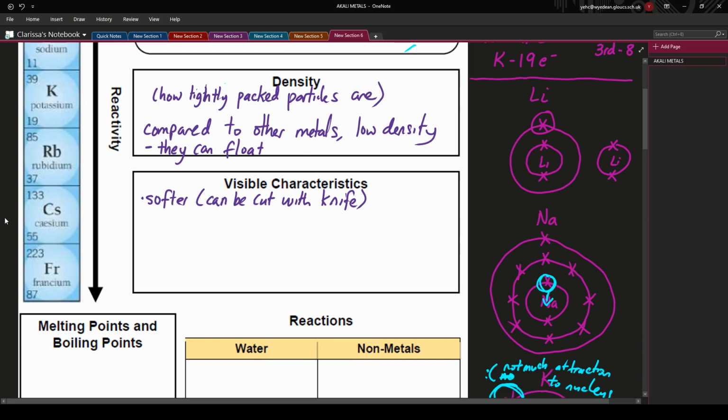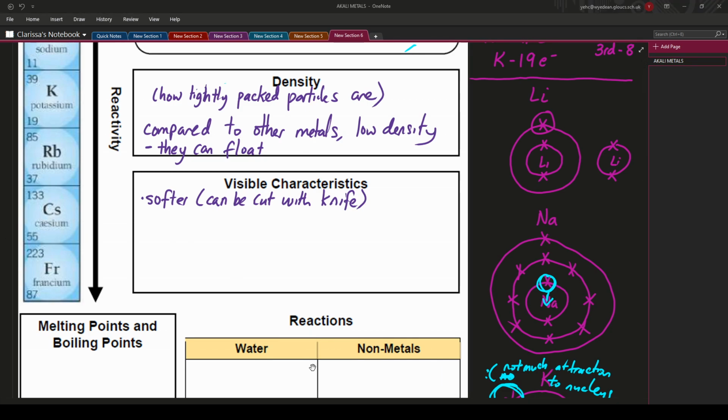So it's easily cuttable with a sharp knife, like a scalpel. And they all have a grayish, shiny appearance. But when it reacts with the oxygen in air, it might lose a bit of that shininess. So they have a silvery gray, silvery shiny appearance.